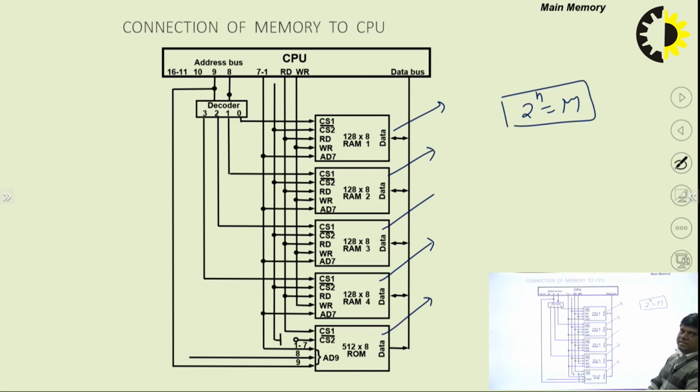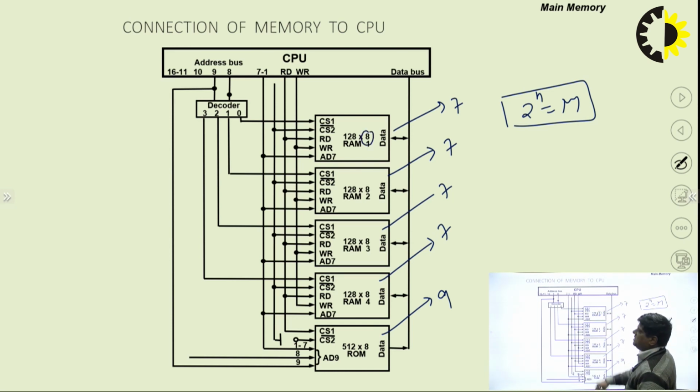How many address lines are represented? 7, 7, 7, 7, and here 9 address lines are represented, calculated with the help of this formula. Now what data lines are present in this RAM chip? This one is the data line of RAM chip 1, this one is the data line of RAM chip 2, this is the data line of RAM chip 3, this is the data line of RAM chip 4, and this is the data line of the ROM chip.